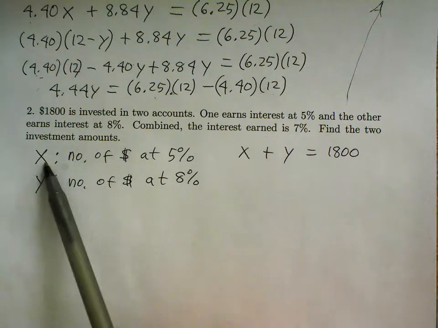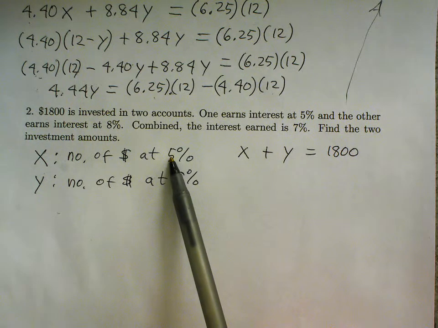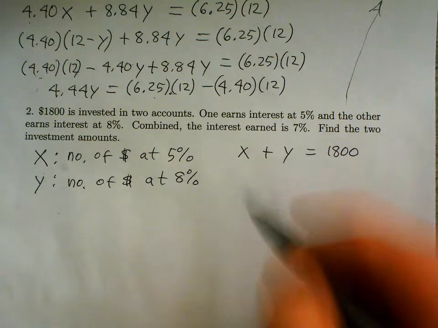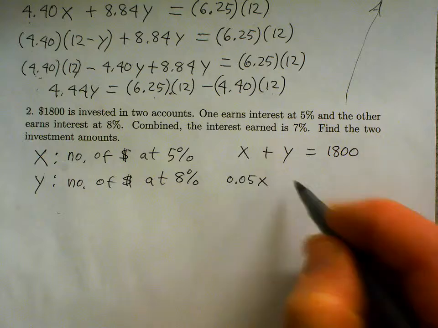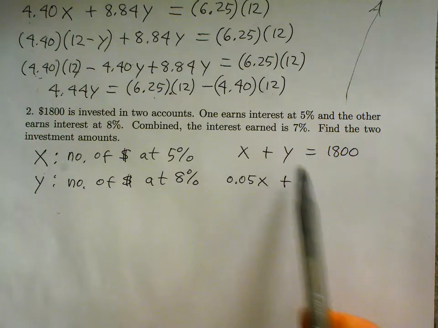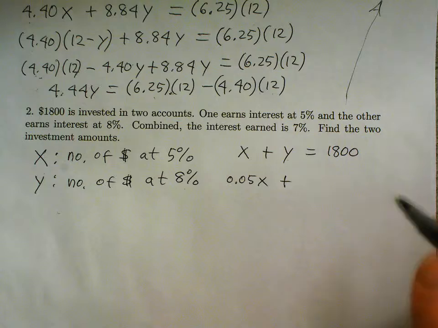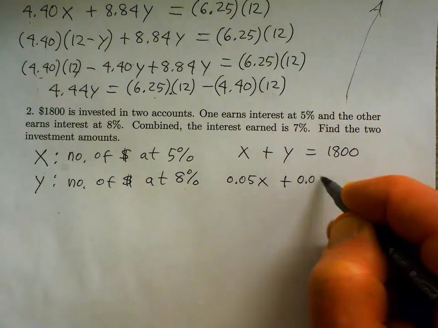So if x dollars earns interest at 5%, then the amount of money earned in interest is 0.05 times x. And if y dollars earns interest at 8%, the amount of interest earned is 0.08 times y.